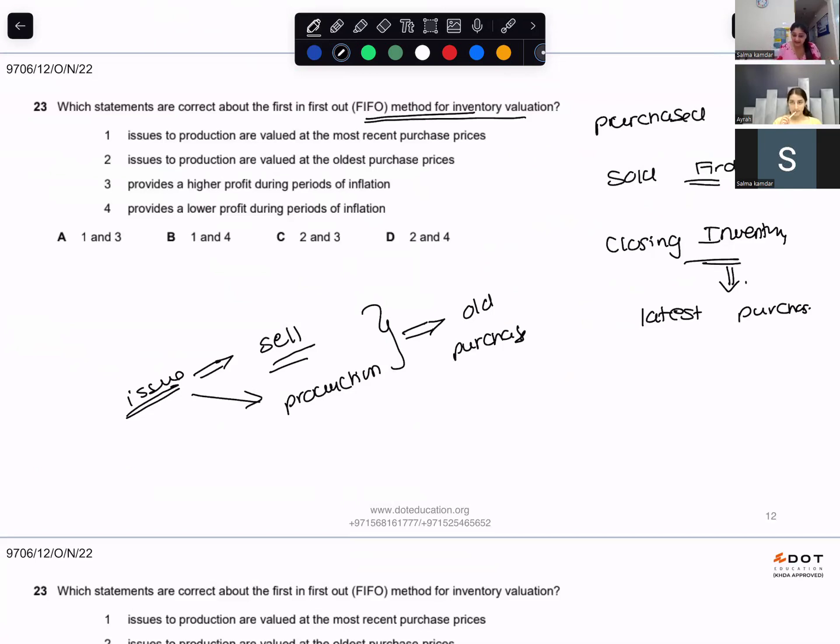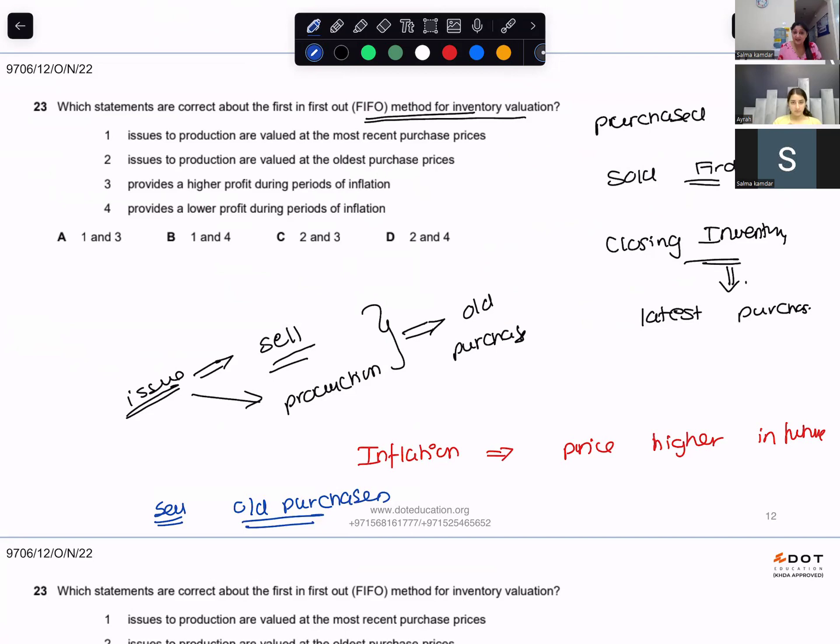And if there is some inflation happening, what is inflation? The prices of goods and services increasing. The prices will become higher in future. So if there is a condition of inflation, I am going to still sell old purchases first.